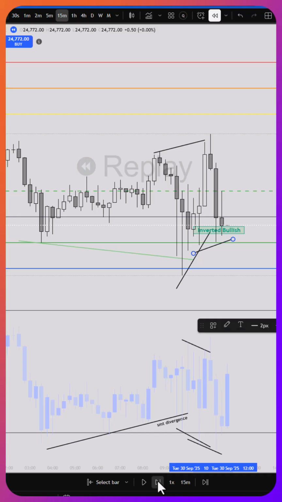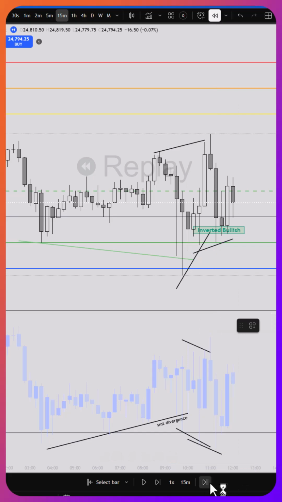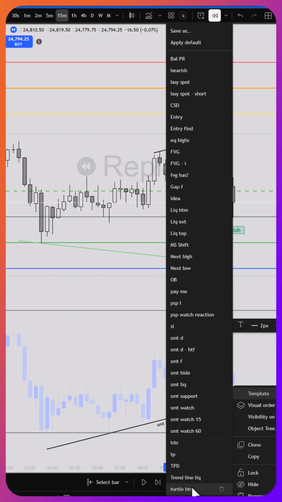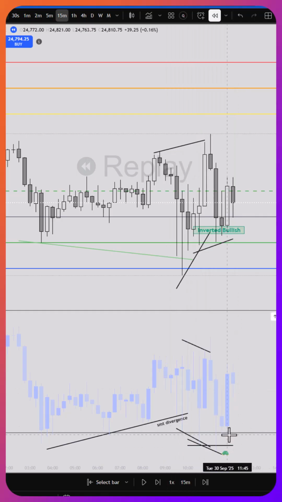Let's keep going. Yep, so in potentially some PD array down here, you could have looked for purchasing or a new IFVG showing strength or recovery after ES hit down under this low like a turtle soup. And let's carry on, see how the rest of the day went.